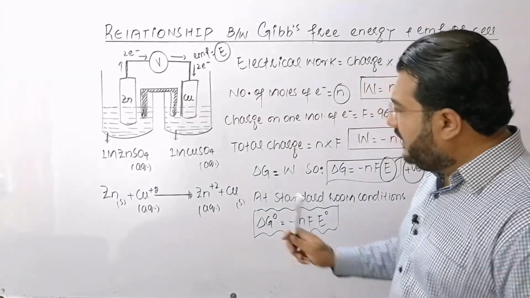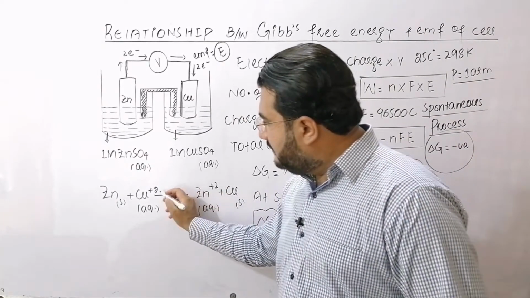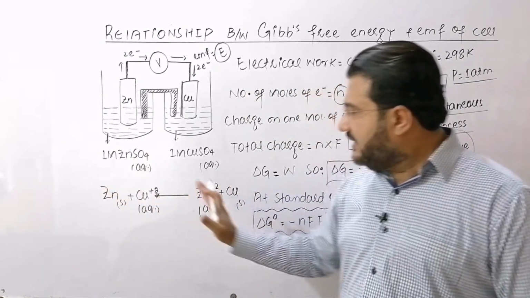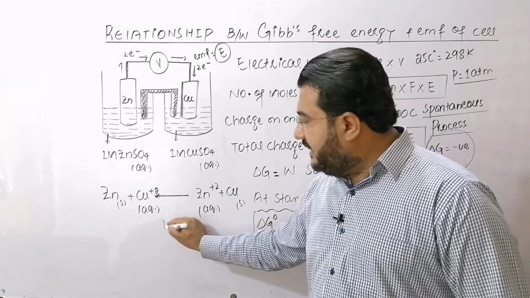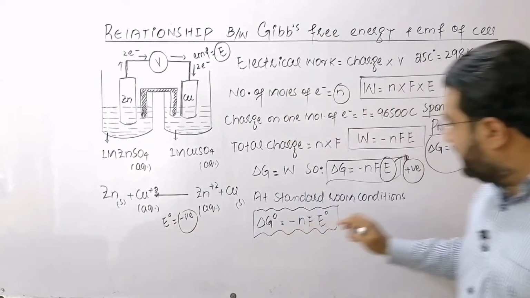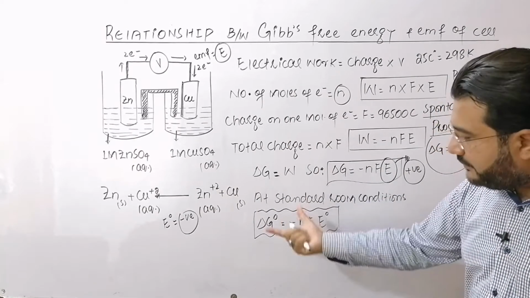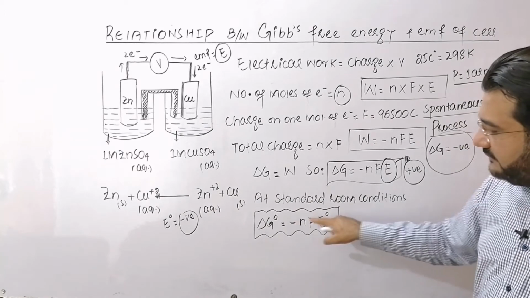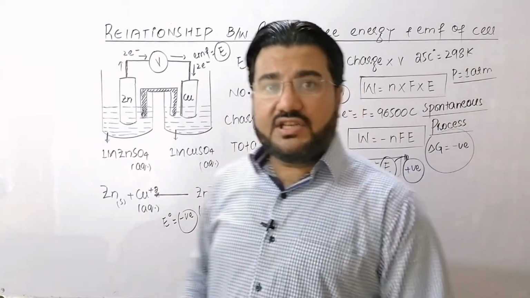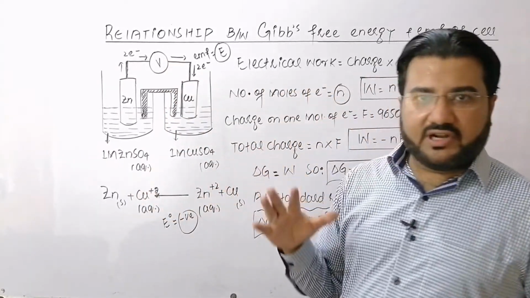But my dear students, if we reverse this reaction, like this, in that case the E naught of the cell will be negative, and because E naught is negative, delta G naught will become positive, because when this negative number multiplies with this negative sign, it becomes positive, and delta G naught positive means this process is non-spontaneous.